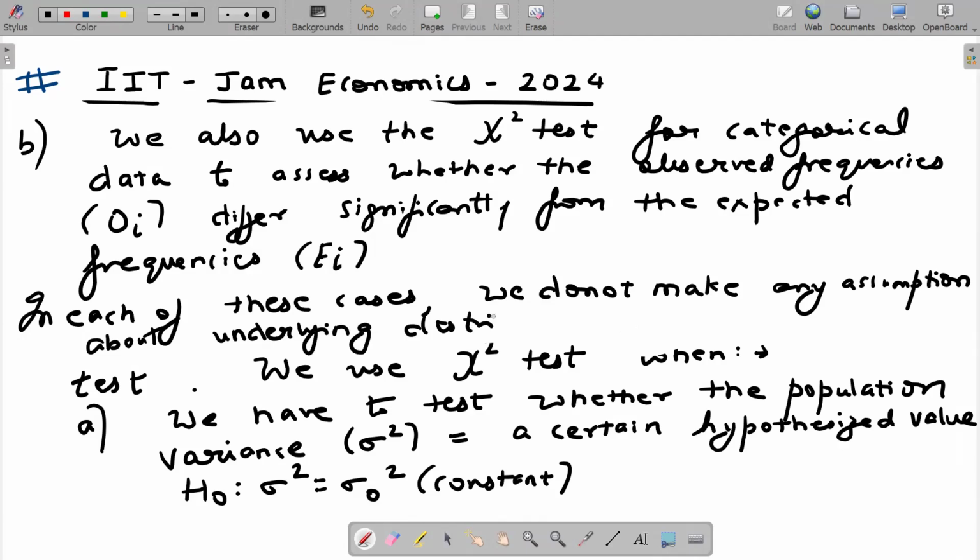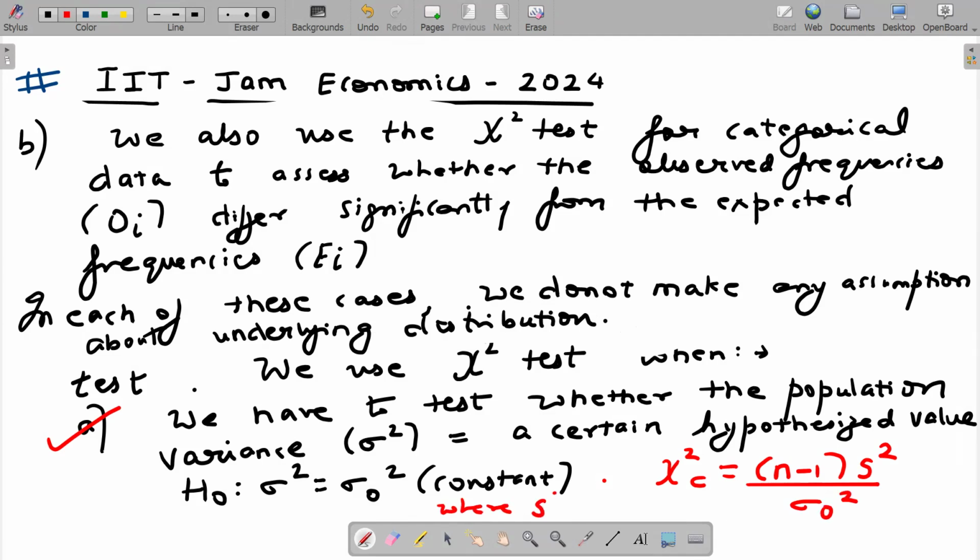That is why the chi-square test is a non-parametric test. In the first case, guys, remember, recall from my lectures on statistical inference, we simply calculate the chi-square computed value, which is n minus 1 s square over sigma naught square, where s square is the sample variance.